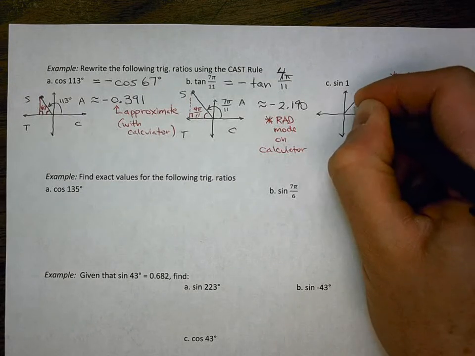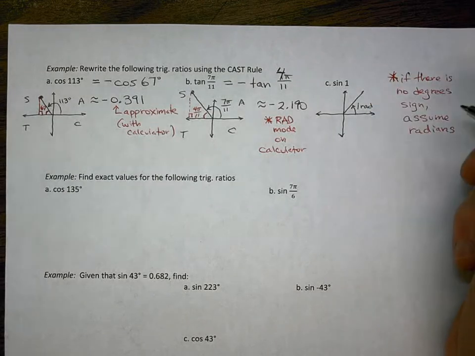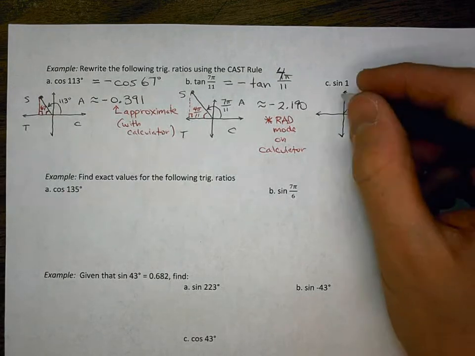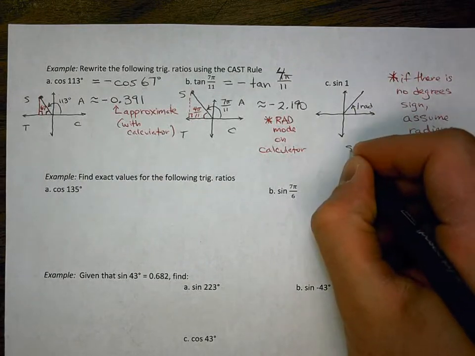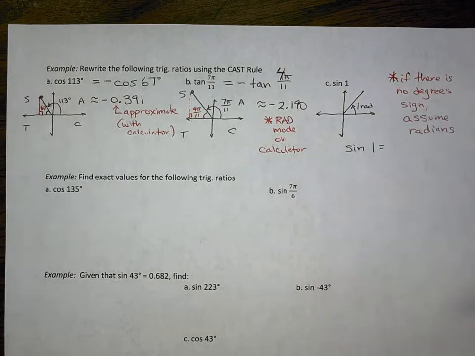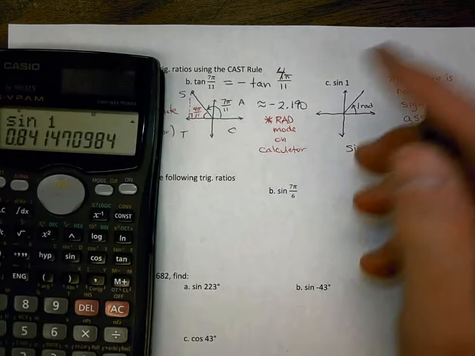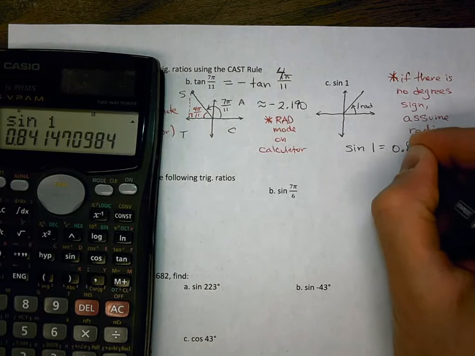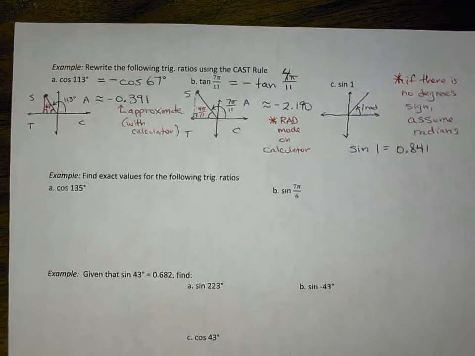So that would be 1 rad. The acute angle is the same, there's no change here. You can type it into your calculator: sine 1 is 0.841. That's just to remind us how radians can be weird.